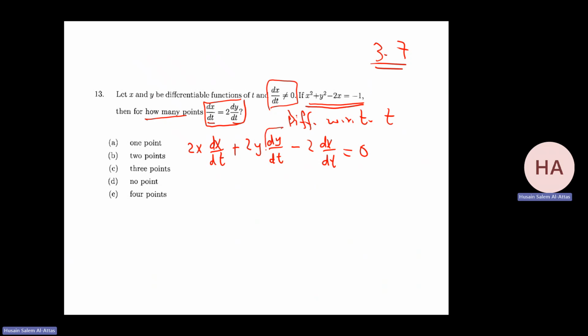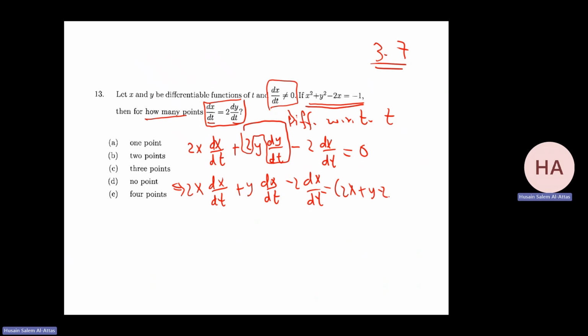I know this is equal to dx over dt. So I have 2x dx over dt plus y dx over dt minus 2 dx over dt, which is actually 2x plus y minus 2 times dx over dt.